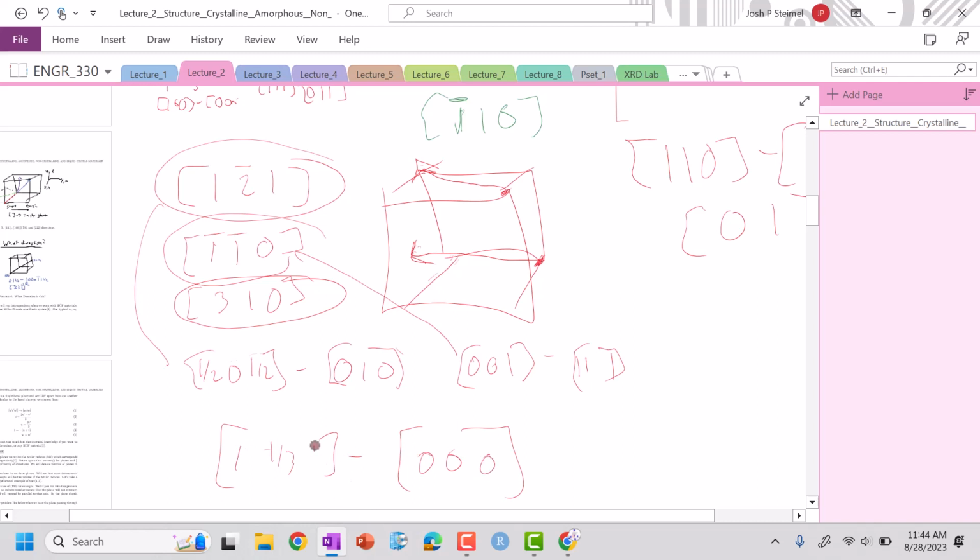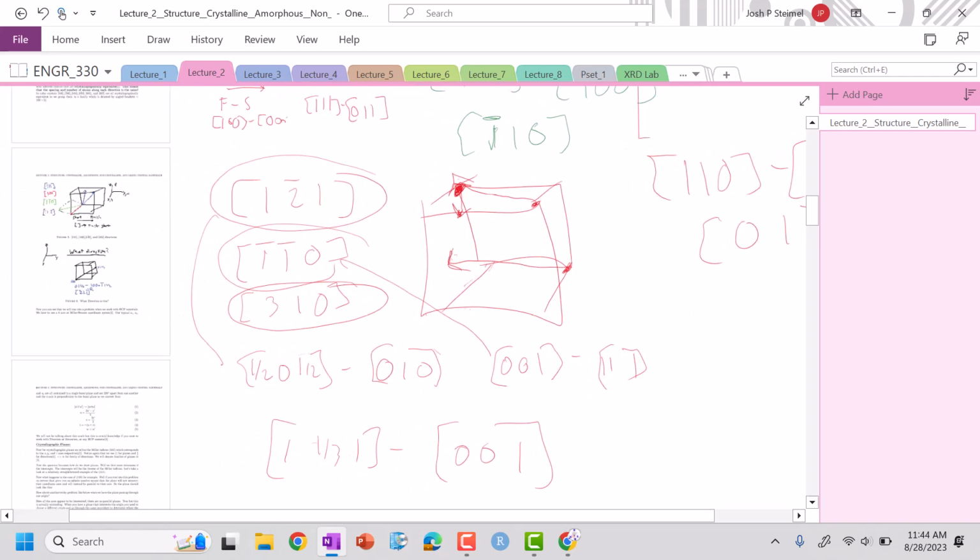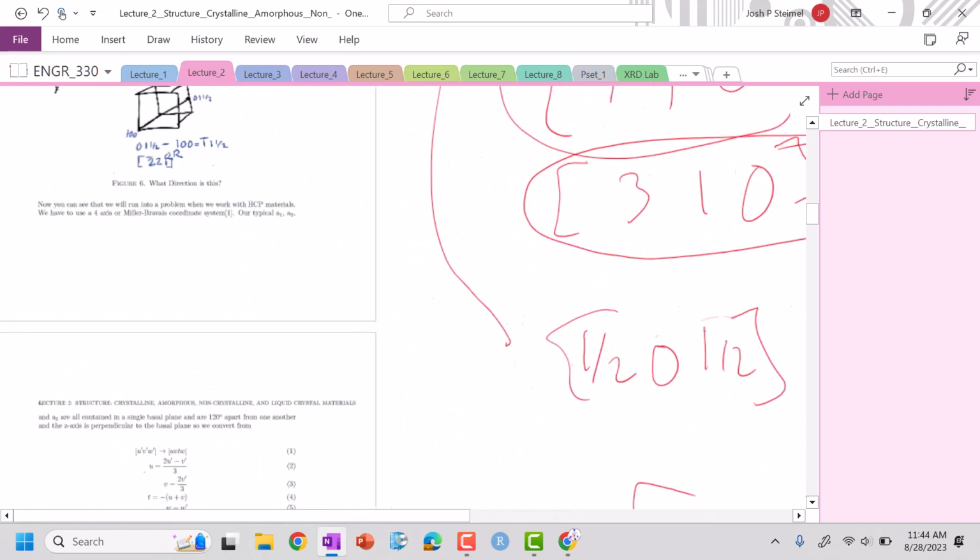That's boring. Let's do 1. Let's do 1 here. So that's my start here, and then my finish is at 1, 1/3, 1, so it'll be like this. There you go. Finish minus start. Those are your crystal directions.